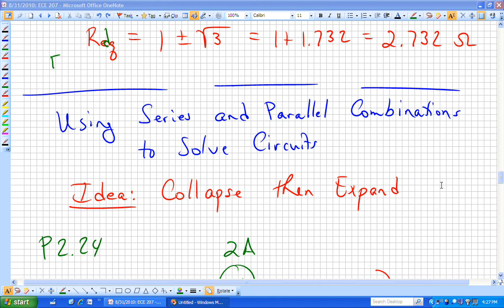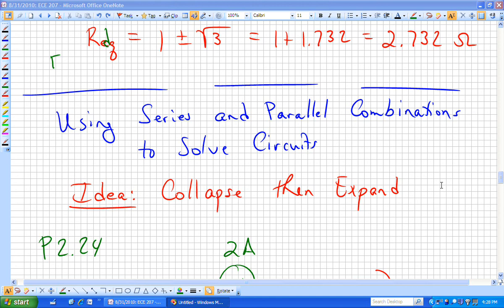And we labeled V sub 1, V sub 2, and V sub 3. So if you're on the right side of the classroom, you aren't going to be left out.